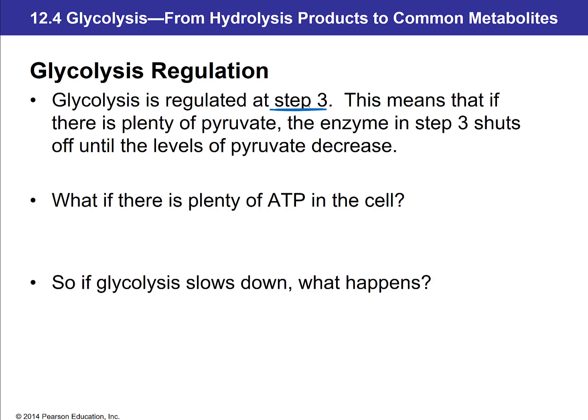Remember, we talked about an inhibitor. An inhibitor binds to the enzyme, and that's going to block it from being able to continue. So it works pretty well. If you start working out, so your muscles are now needing energy, then pyruvate levels go down. Pyruvate comes off of this enzyme, and the enzyme begins making more, sending more glycolysis products along.